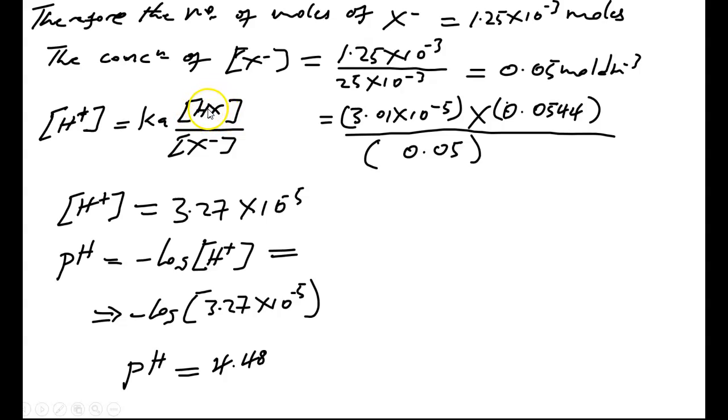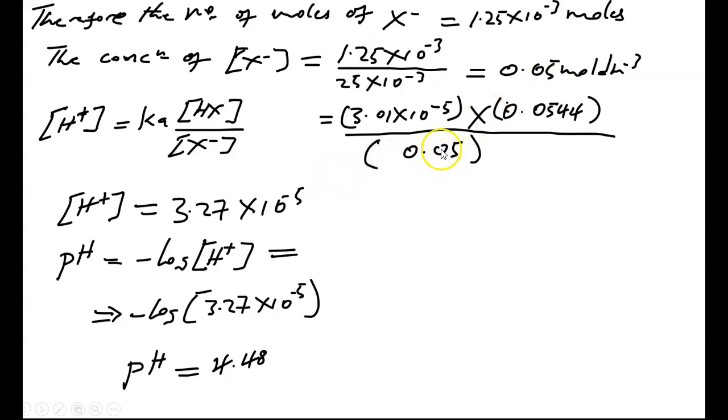Now that we know the concentration of X⁻, the conjugate base, and the concentration of the weak acid, and we know the value of Ka for the weak acid, we can plug these values into the equation and calculate the concentration of H⁺. H⁺ would be 3.01 × 10⁻⁵, which is the Ka of the weak acid, multiplied by the concentration of the weak acid, worked out as 0.0544, divided by the conjugate base concentration, which we worked out as 0.05.